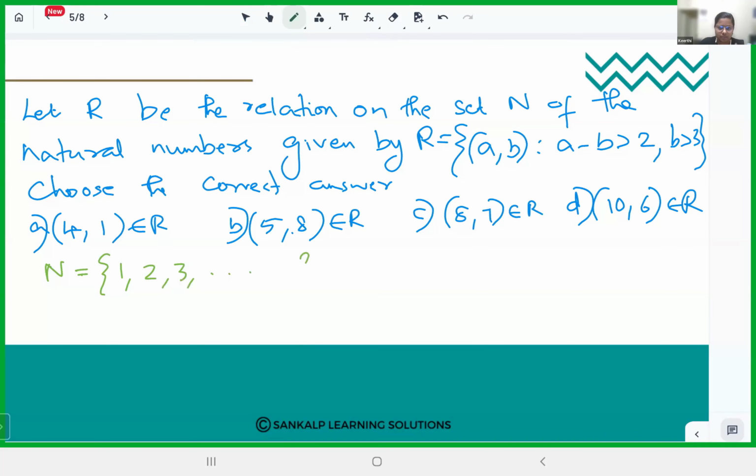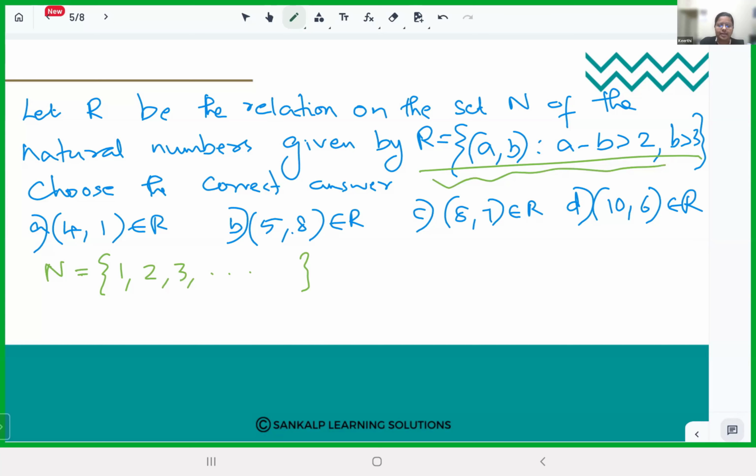The relation is given in roster form: R is the set of all ordered pairs (a, b) such that a minus b should be greater than 2 and b should be greater than 3. We have to find, from the given options, the ordered pair that belongs to this relation.